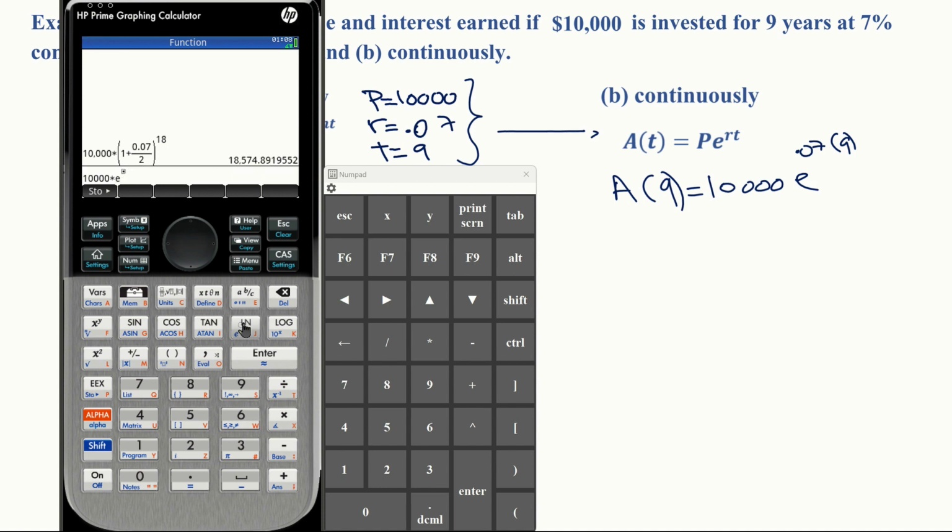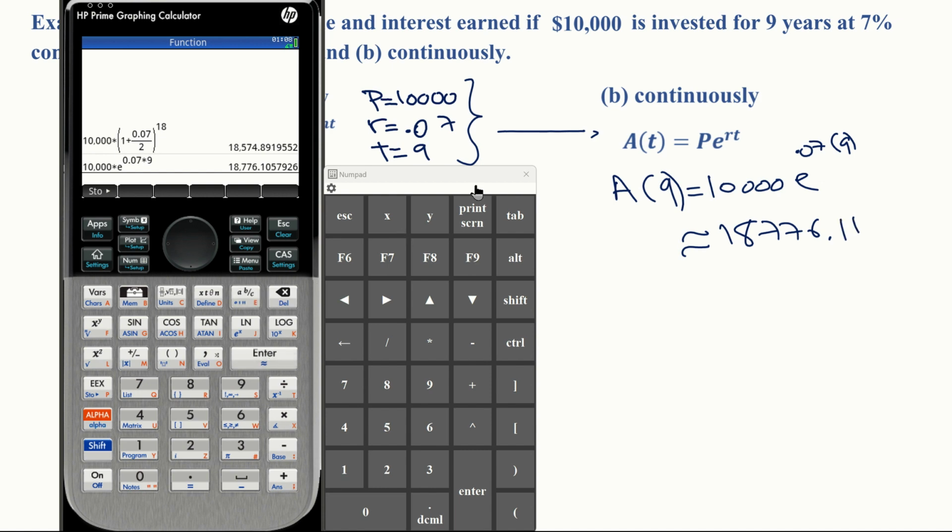So we just put shift ln e to the power of 0.07 times 9, and we get that. So we get approximately 18,776.11, so we'll just round it to 0.11.